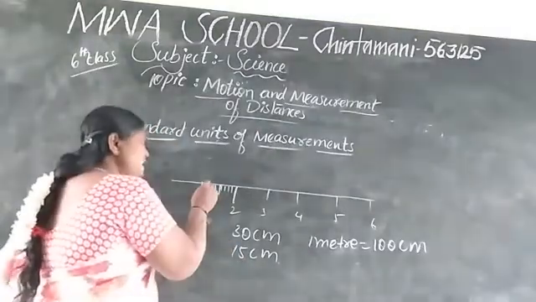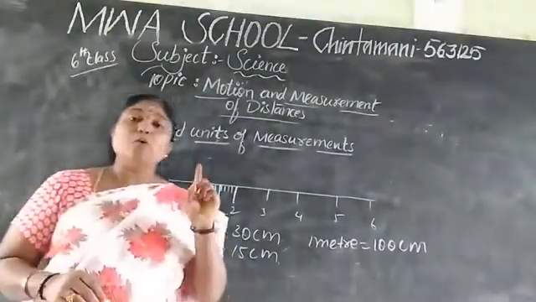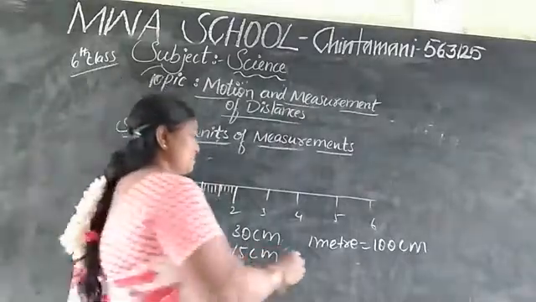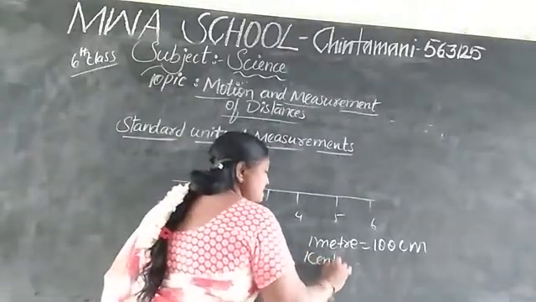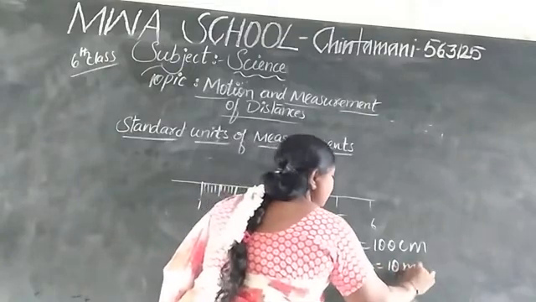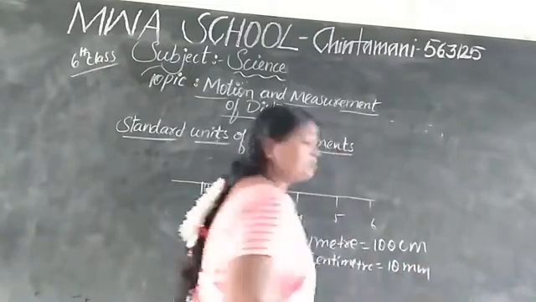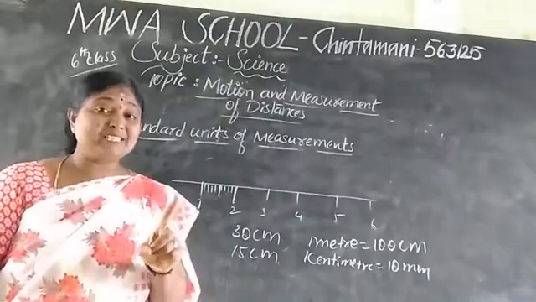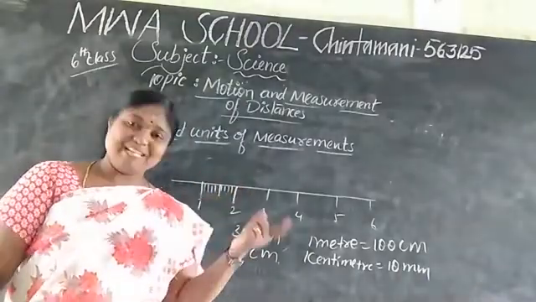That means each part will resemble for us 1 millimeter. So 1 centimeter is equal to 10 millimeters.